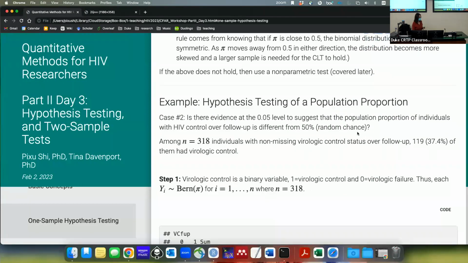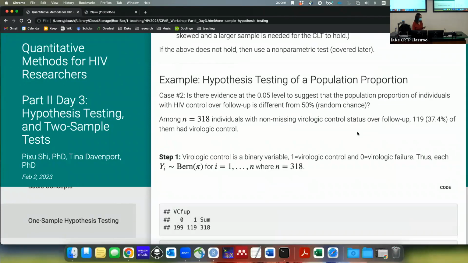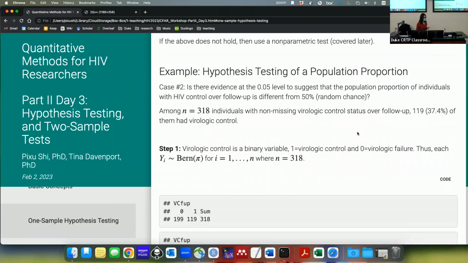So if you do have a population proportion, what do you use? Here I have about 300 individuals where we want to see if their viral load is well under control. And we observe that about 37% of them have the viral load under control.